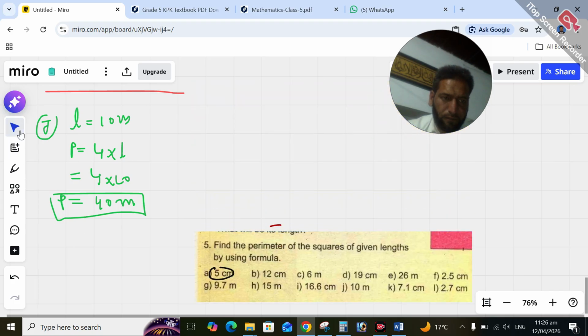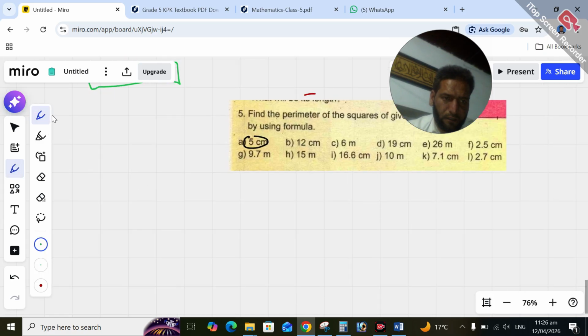The next question is K, and one side is given, that is 7.1 centimeter.